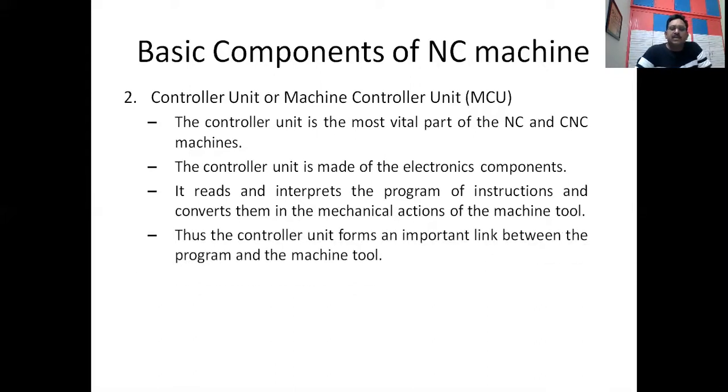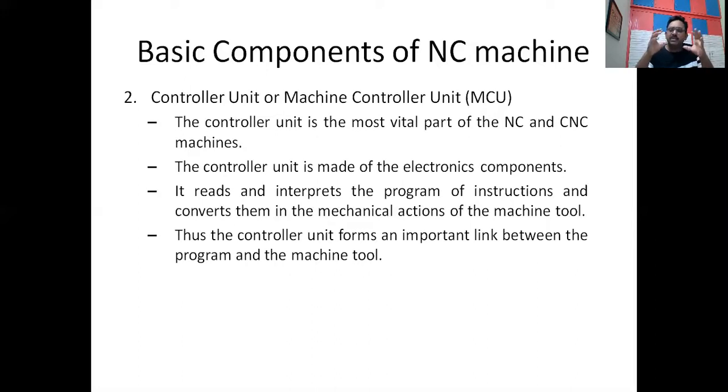So thus the control unit forms an important link between the program and the machine tool. The program is there and the machine tool is there. In between is a link. The link is called the machine control unit. This is very important.